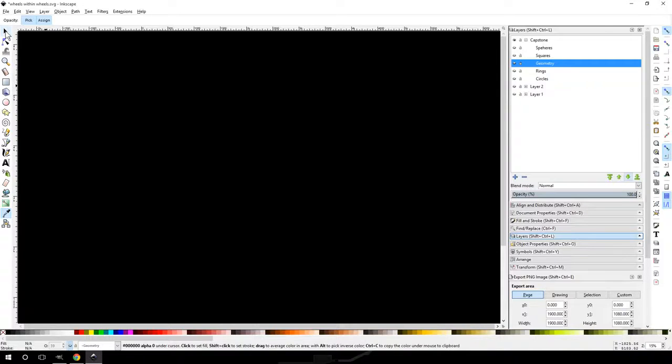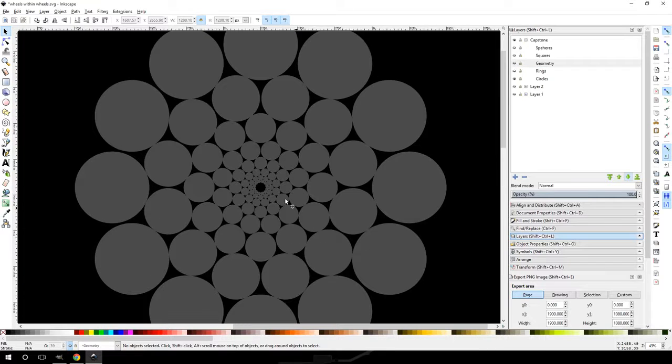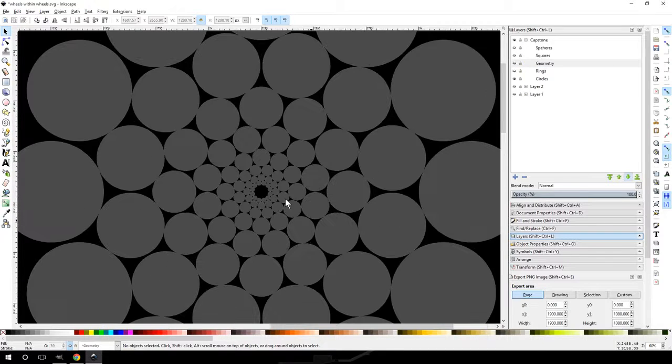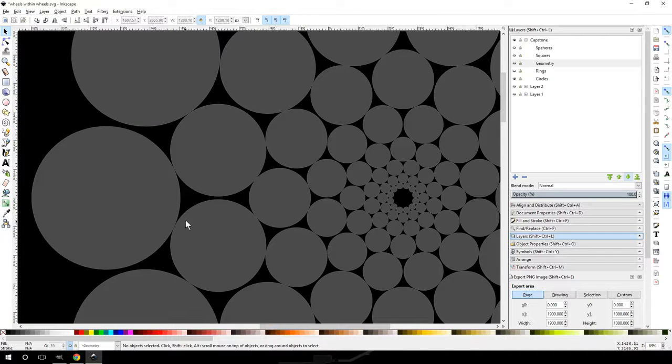Okay, so when I packed these things together, it looked like this. At first, when I created the second layer with these 12, I shrunk them, but then I also had to expand them back out again after I shrunk them so that they were touching. I wanted them all touching together, just like you see right here.